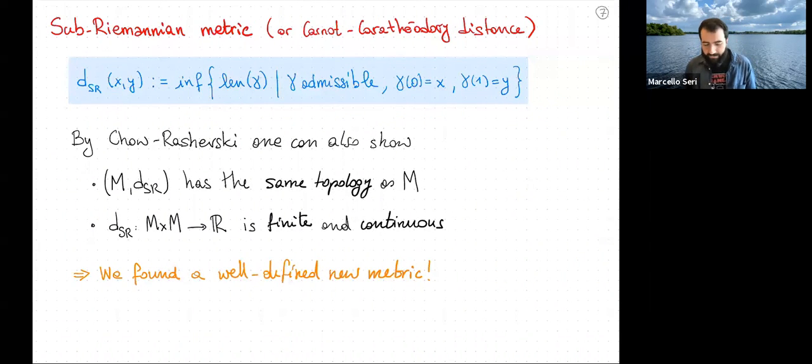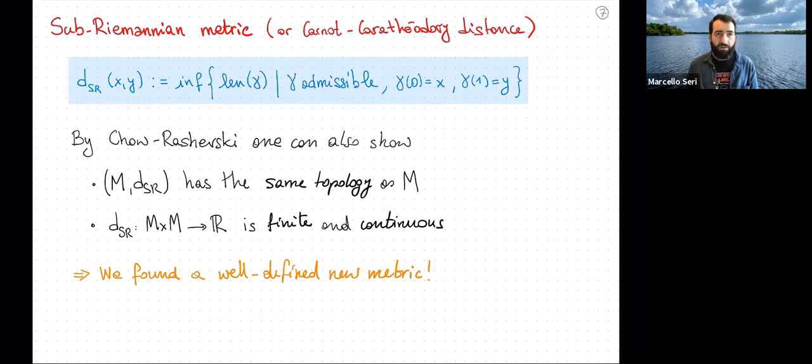And I'm going to come back to that, but this distance is not nice, and yet you can prove that it is continuous and that it is finite. So if 2 points are connected, they will have a finite distance, and the metric space will come with the same topology as the manifold M that you use at the base.